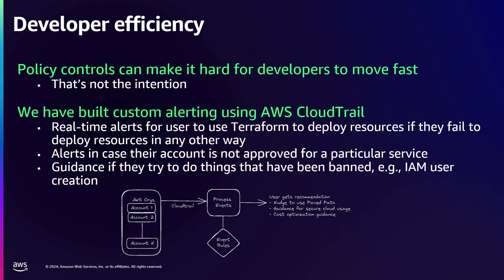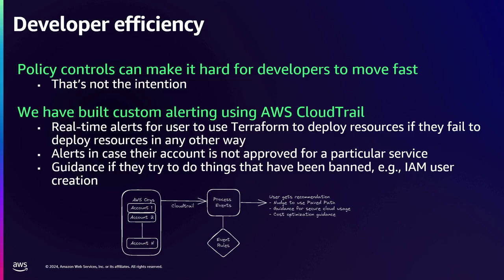So we build custom tooling using CloudTrail. For example, if a user goes to the console and tries to create an S3 bucket, and it's blocked on their account because they're not using our tooling, they're not using infrastructure as code, we can detect that immediately in real time and send them a message to nudge them towards our paved path. What does it mean? You go to the console, you get access denied on S3 create.